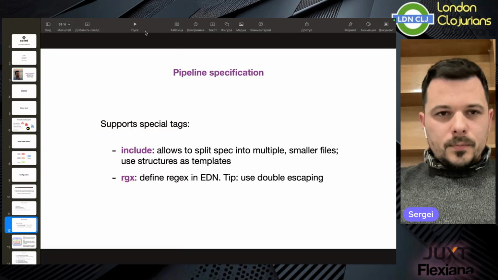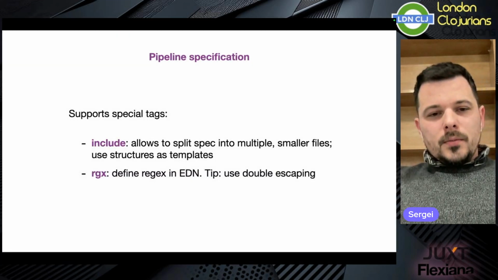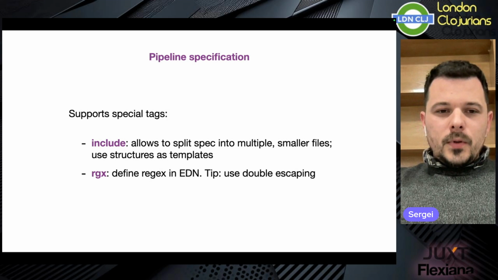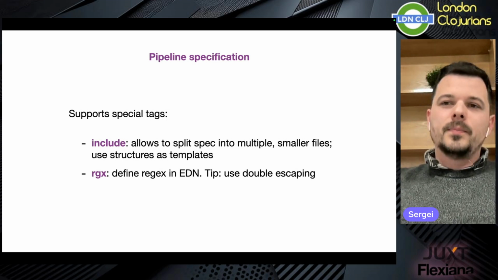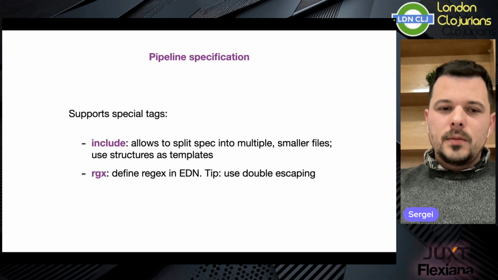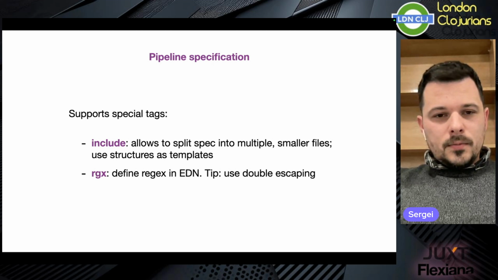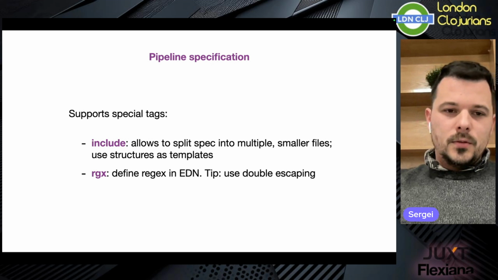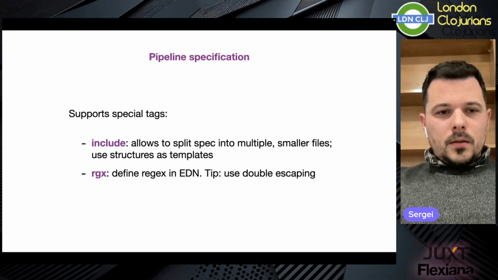And yeah, we have the RGX special tag, because you might be aware that in Eden you cannot specify regex. The Eden parser will throw an error because it cannot handle regexes. But sometimes you need this, and this is the special thing that you can use to write and read regex in Eden.